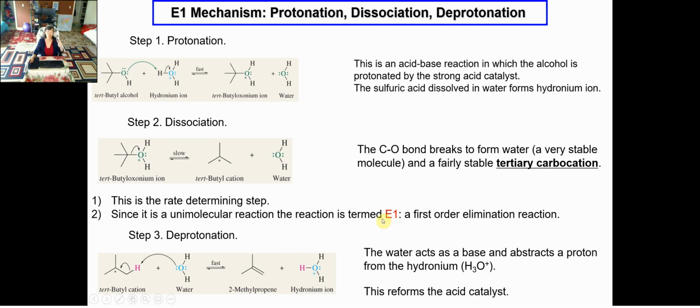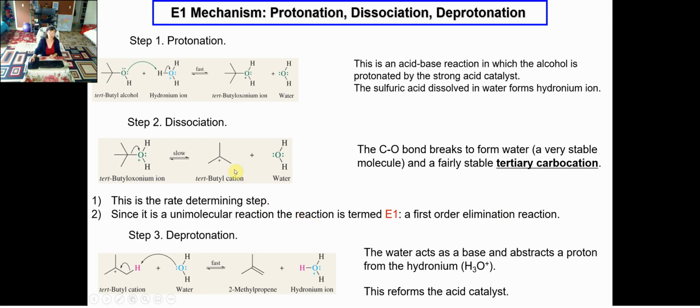The E1 reaction involves 3 steps: protonation, dissociation, deprotonation. Deprotonation is equivalent to the elimination. Your second step, dissociation, is a slow step, which only involves a unimolecular reaction. Therefore, you call this reaction E1 reaction. E1 reaction is also a first-order elimination reaction.